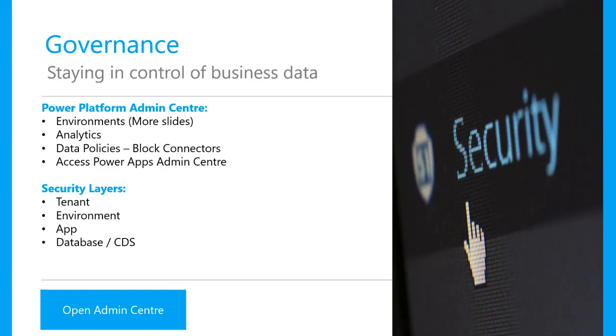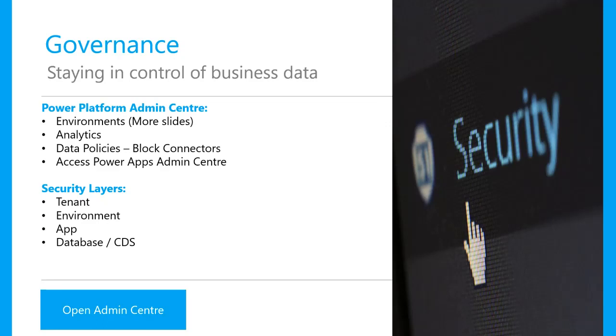We've got data policies. Again, we'll talk a little bit more about that as we move through. But around this, we can block connectors. It might sound a bit scary to people that we can actually integrate with third-party systems, so there might be scenarios where you don't want that to happen.